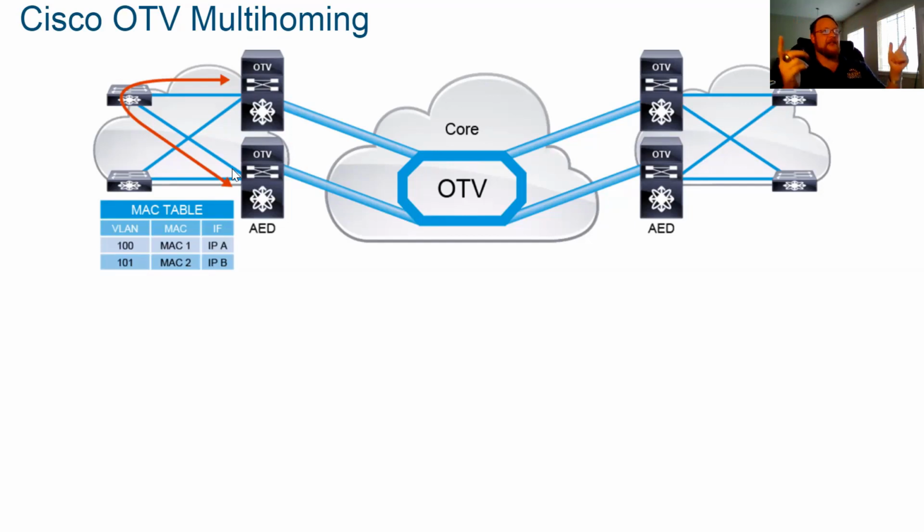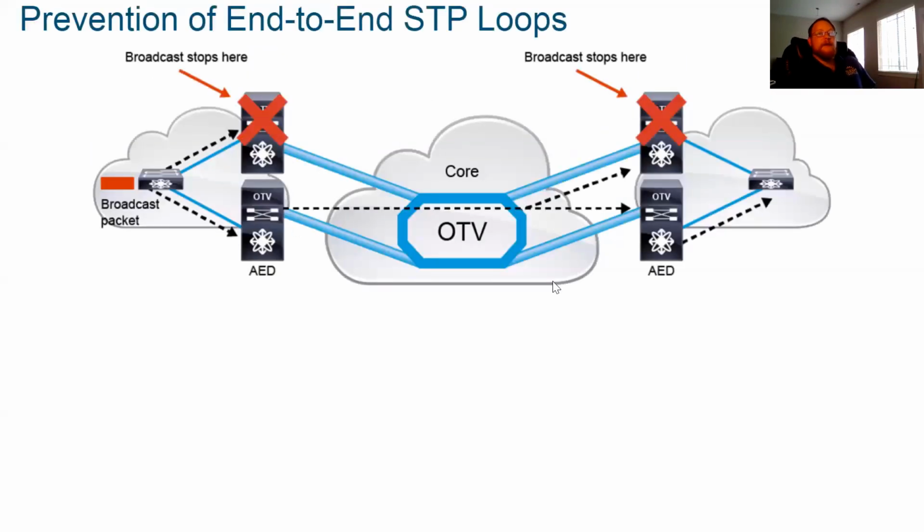And then it clusters and multi-homes automatically for you. You just got to make sure that these two edge devices can see those VLANs. Now, as I already mentioned, preventing end-to-end spanning tree loops, yeah, we're going to make sure that broadcasts are not sent across here, right? Broadcasts stay local.